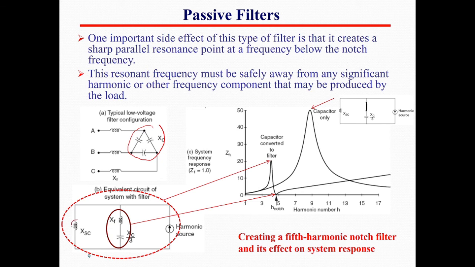Because this one gives us both the source impedance and the transformer impedance, since, as we said before, the source at the harmonic frequency will be shorted out.